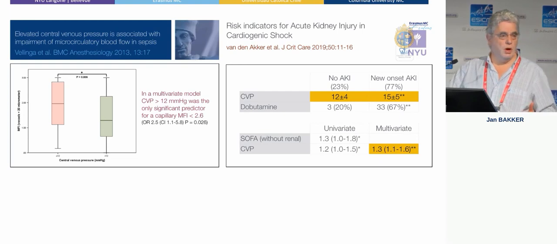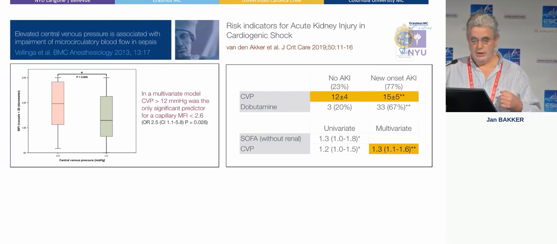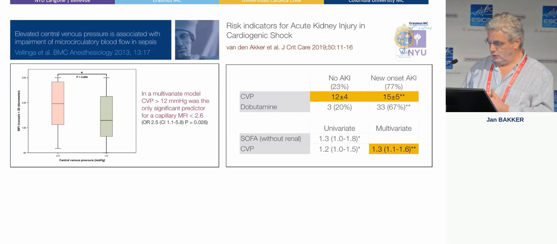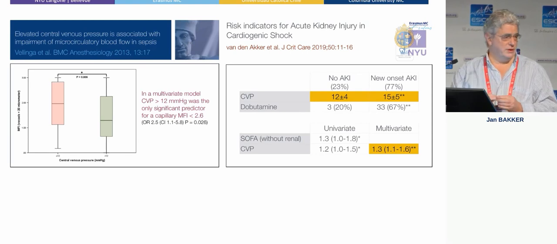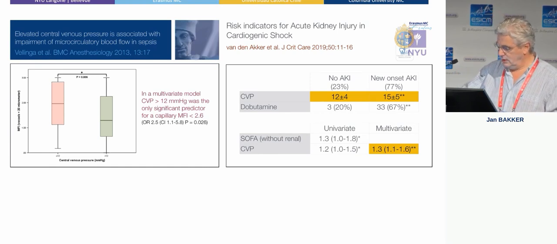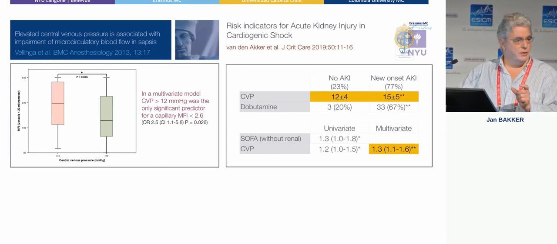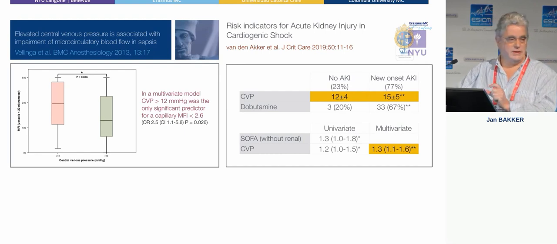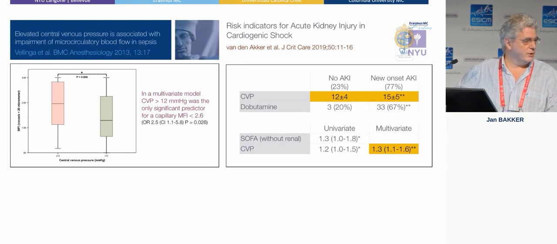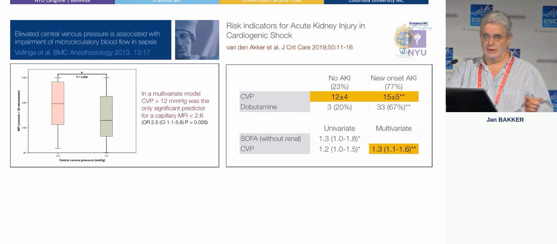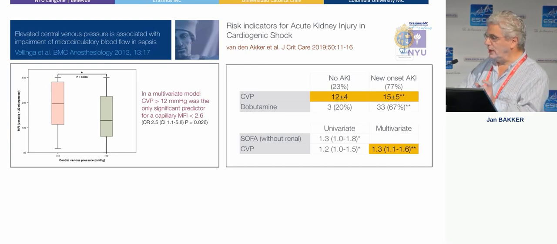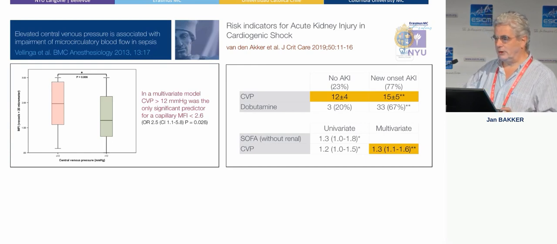And we looked at new onset of acute kidney injury in patients with cardiogenic shock. And we found that CVP, an estimate of end capillary pressure, was the best and the single predictor of new kidney injury. The difference in CVP between the groups without and with acute kidney injury was only 3 millimeters of mercury. And so the tolerance of, in this case, the kidney for small changes in CVP is extremely limited.